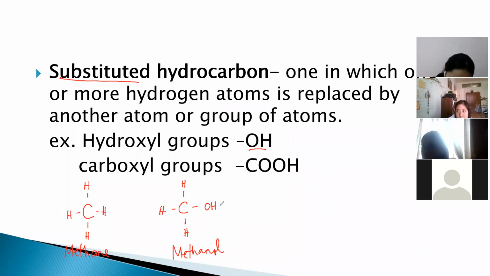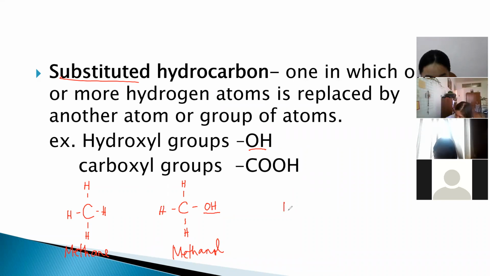So this is again a substituted kasi one of the hydrogen is being substituted by the OH. Yan lang yung difference nila. Kahit anong atom ha, pwedeng carboxyl group, pwede ngang chlorine or other atoms, as long as nag-substitute ka sa one or more hydrogens there, magiging substituted hydrocarbon na siya. Okay?